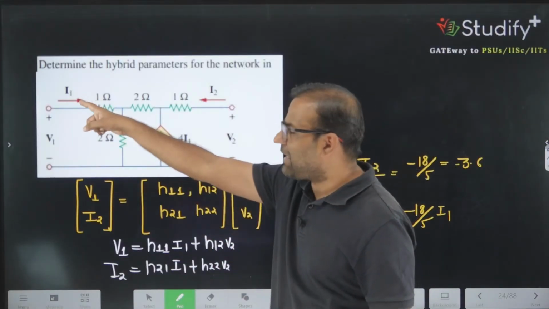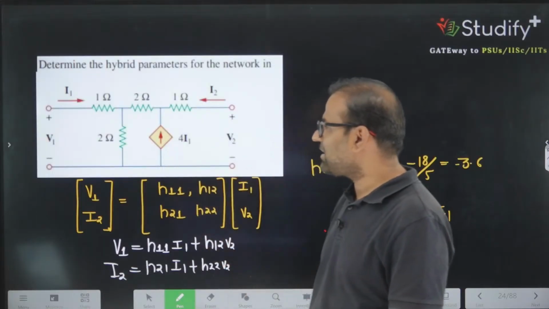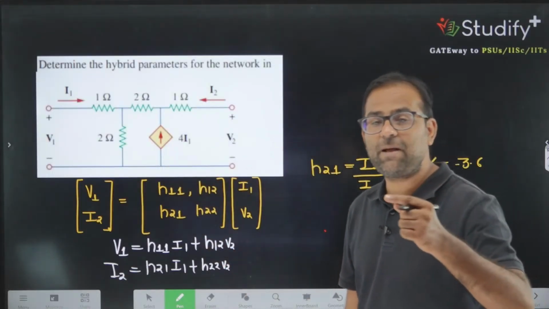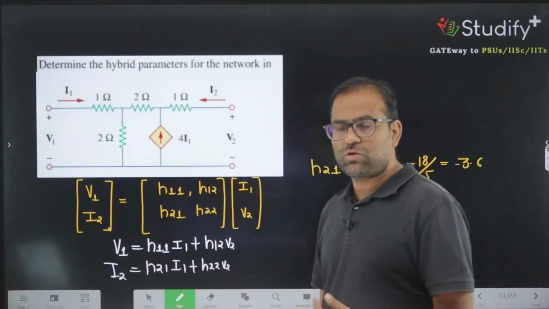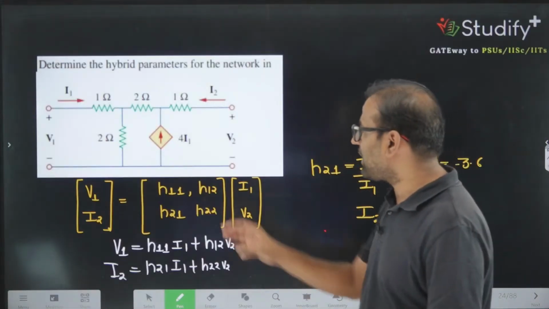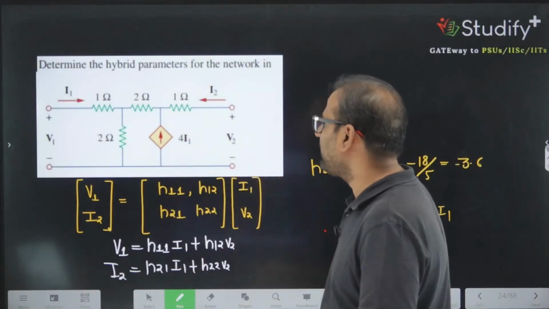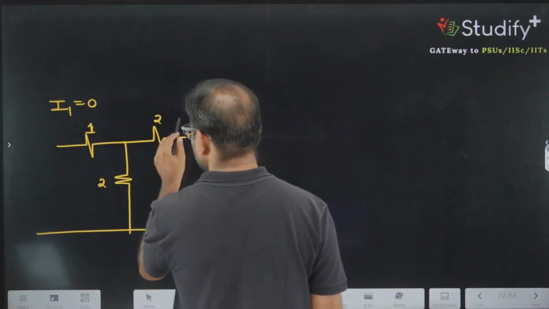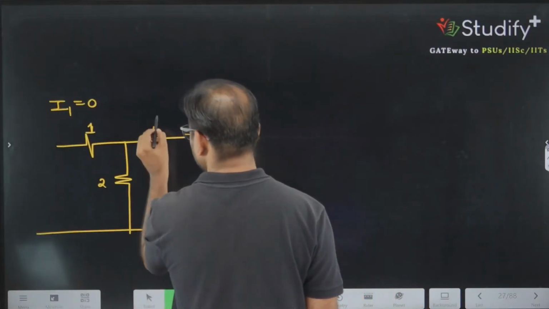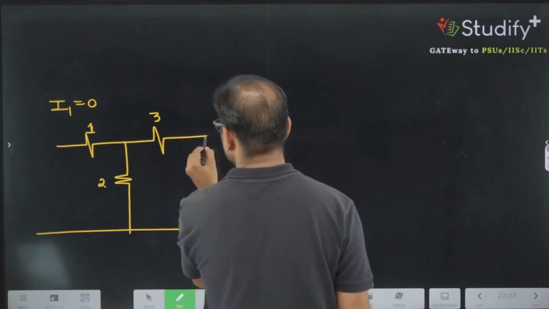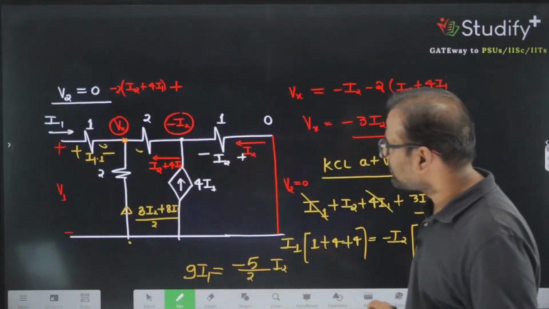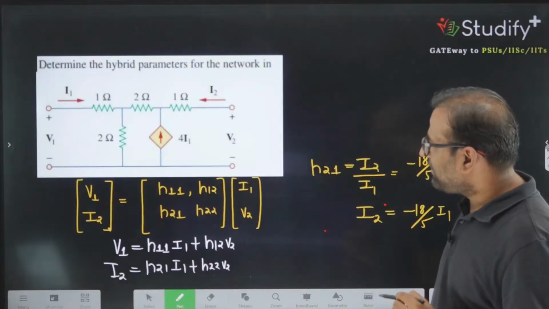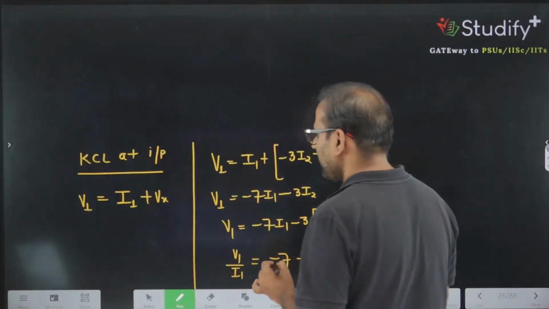Because we are taking I1 equal to 0, so 4I1 is also equivalent to 0, and 4I1 is a current dependent current source. If the current source is 0, we replace it by an open circuit. So 2 and 1 will appear in series. Can I say this resistance will be what? This resistance will be 3 ohm. Correct? What else is given? This value is given as V2.